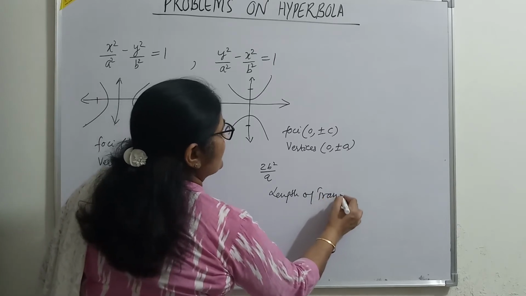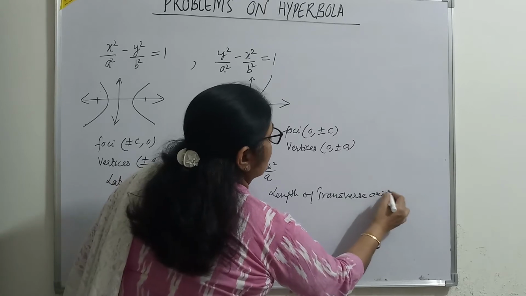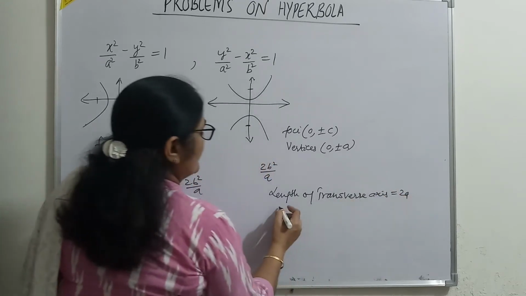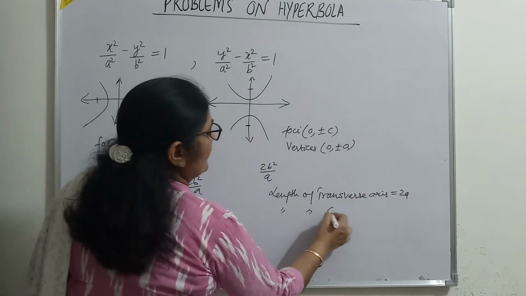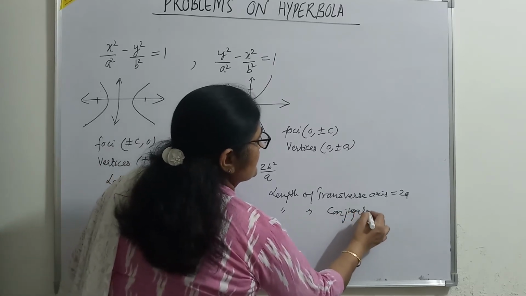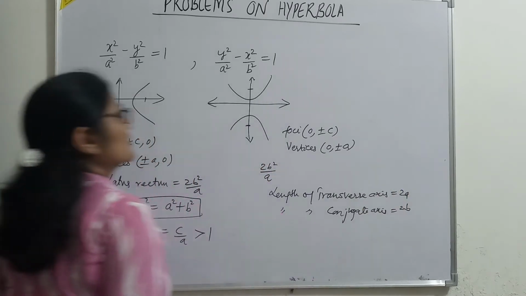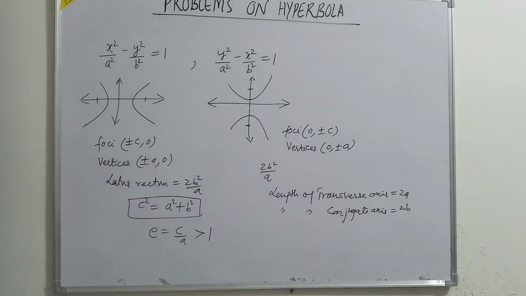The length of the transverse axis is 2a. The length of the conjugate axis is 2b. So you should know these terms before solving the problem.